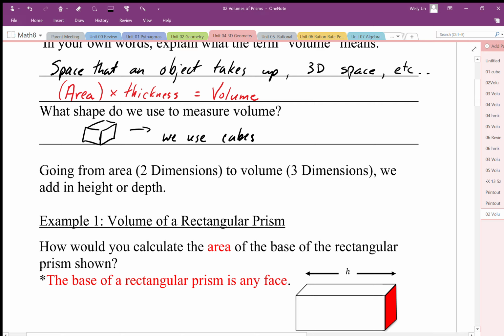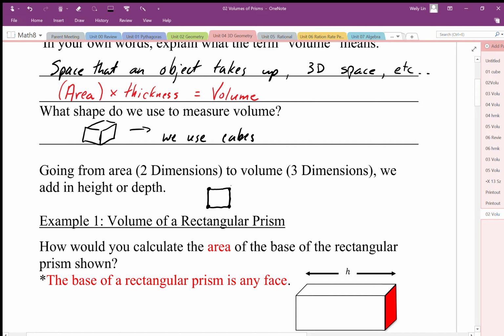In fact, we can start from the very beginning. We can start with a dot, and we call that 0 dimension. And when we give it a line, extend it that way, we get 1 dimension. If I want to go from 1 dimension to 2 dimensions, I give it some width. So I have length, and I give it width. And there's my area.